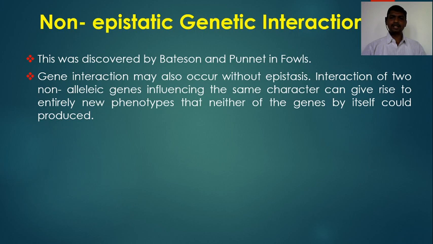Each gene has its usual phenotypic effect, but when these two genes influence the same character they can give rise to an entirely new phenotype. A single gene independently is not able to produce such a new phenotype, but when these two genes are present together, they express an entirely new phenotype.